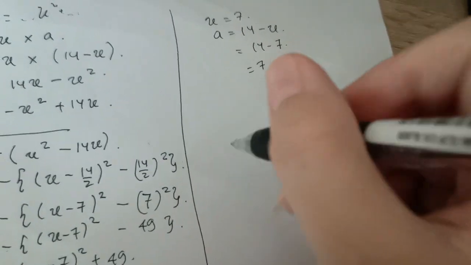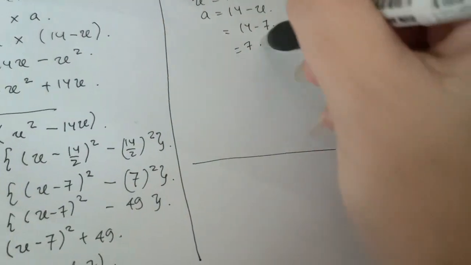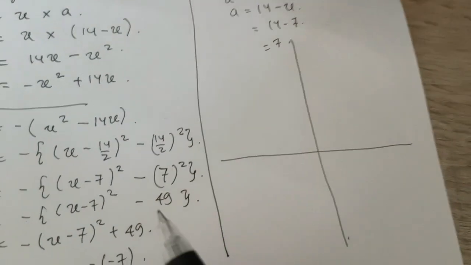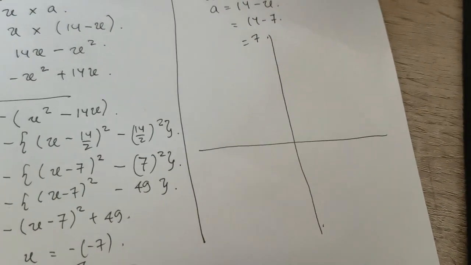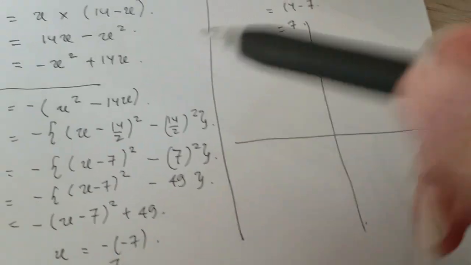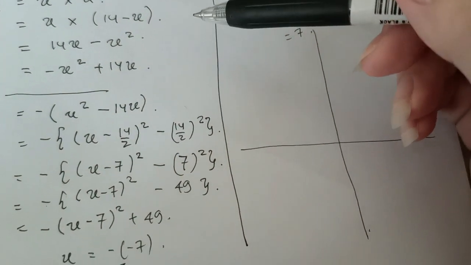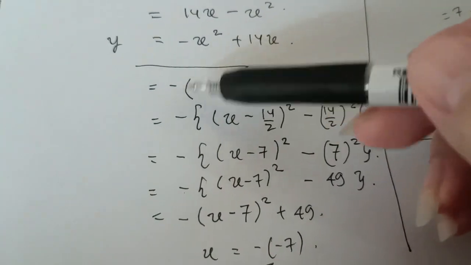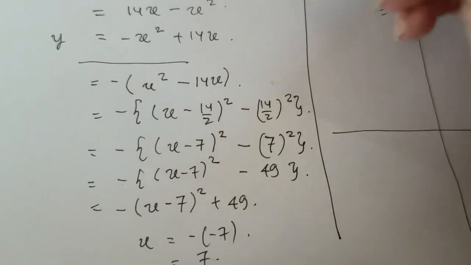Now we are going to draw the nijikansu, the quadratic function. Because this is minus over here, the nijikansu will look like this.